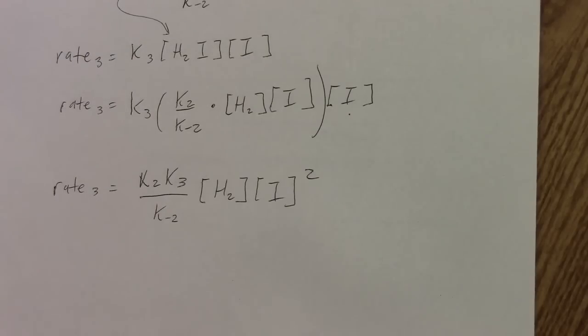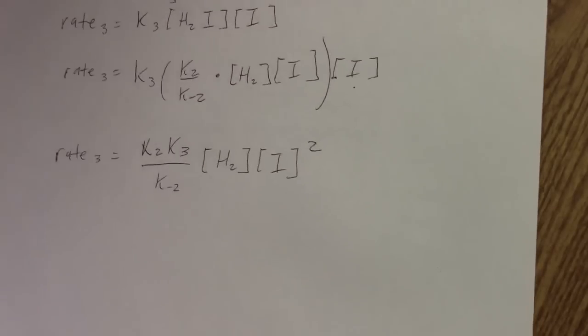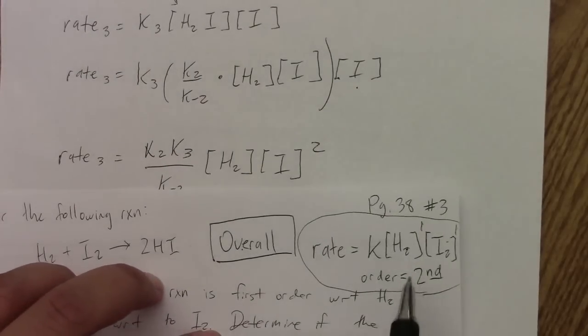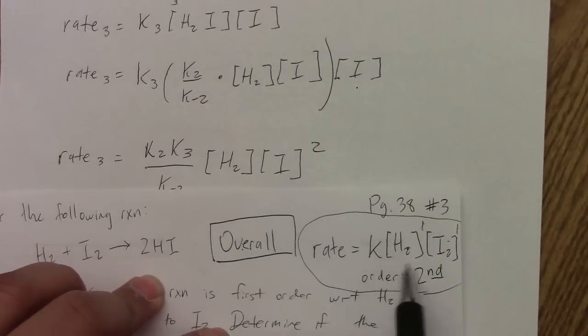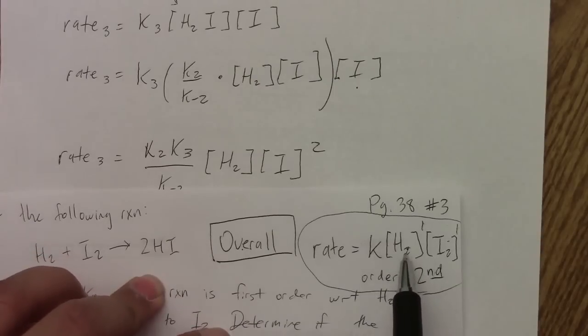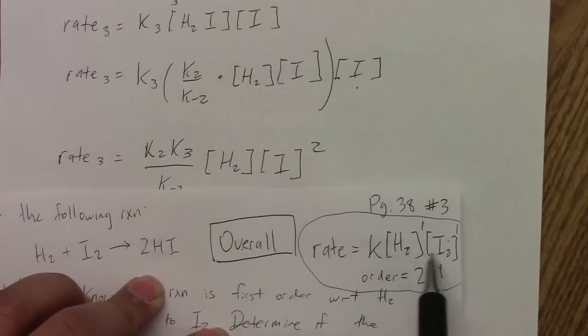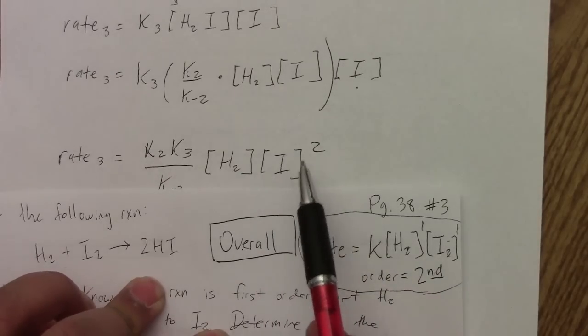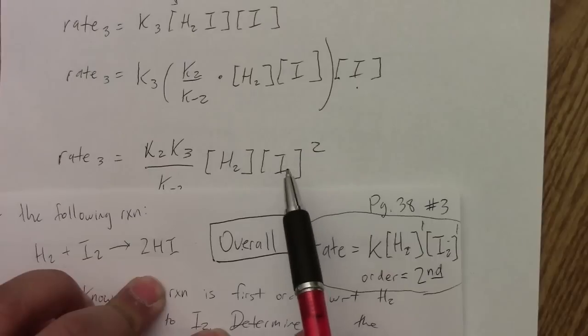But there's a problem. Let's go back to our rate law from the previous page. First of all, we don't want this to be third order. Remember, we have to have this in terms of H2 and I2. We now have it in terms of H2, but look at this pesky I over here. We need to change that.